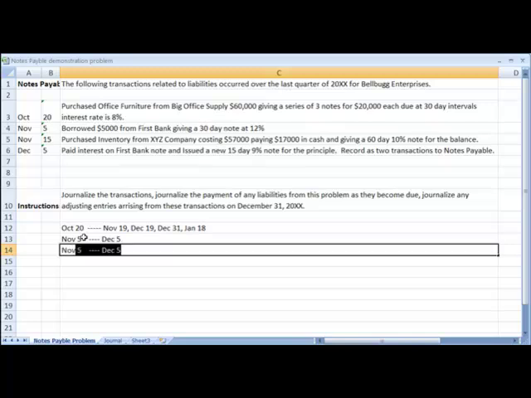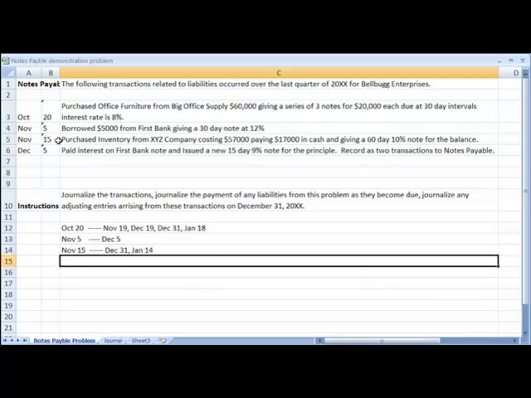The November 15th transaction is going to cause us to have a journal entry on December 31st, as an adjusting entry, and then when the note is due, which actually is January 14th. And then finally, this December 5th transaction causes us to have a journal entry on December 20th, because it's a 15-day note and 15 days from December 5th.